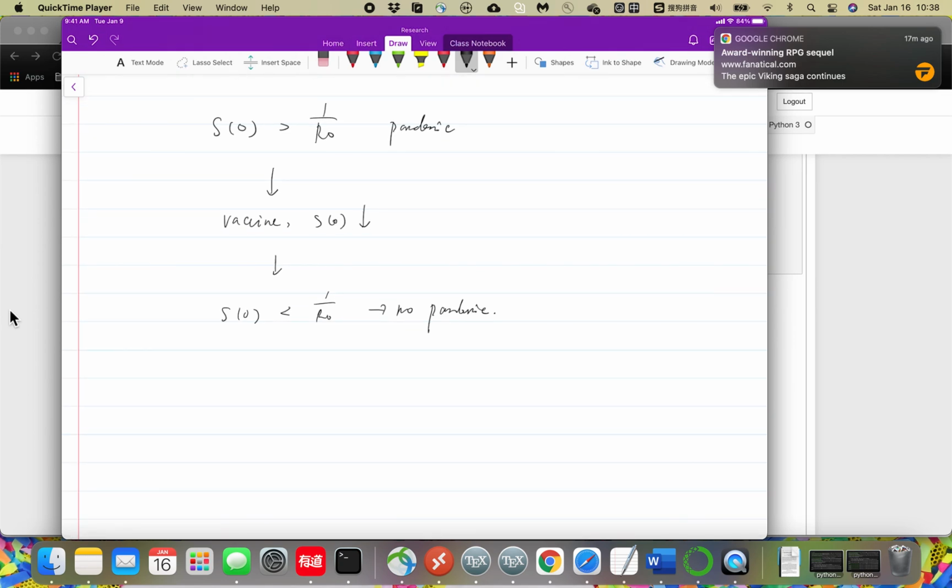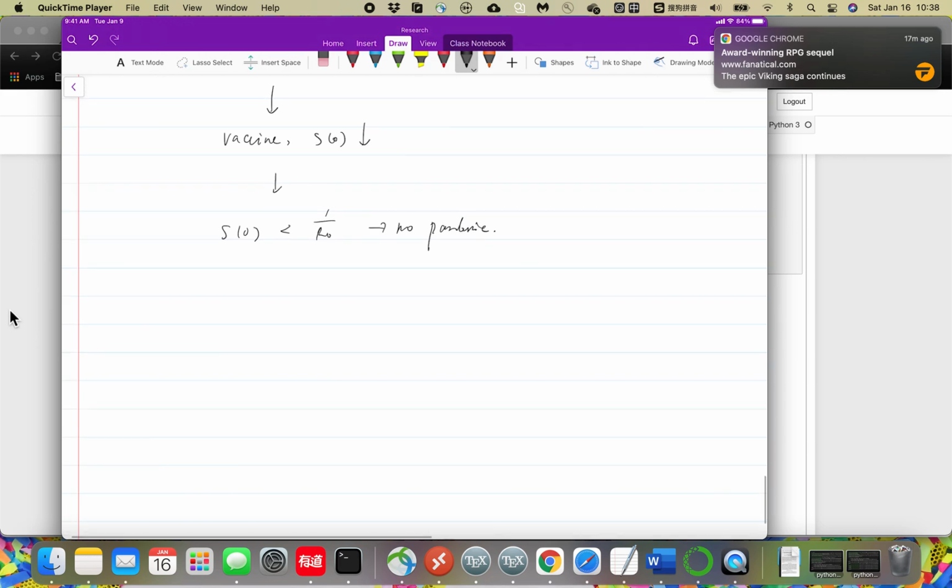So in real life, what do you do if you just want to use this simple model? When you have a disease or pandemic breakout, you want to first estimate R naught. Use your data to see how fast things are spreading, and how fast people are recovering, or even if people are recovering at all.